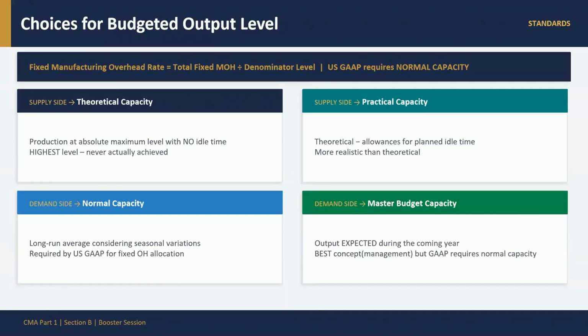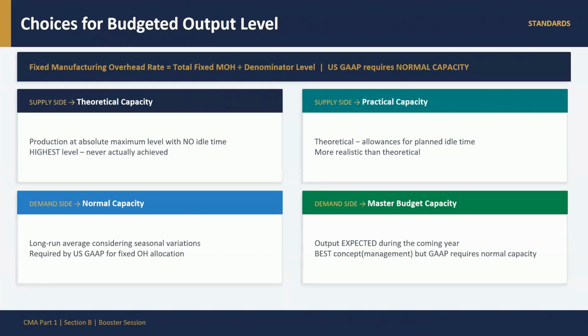Then comes normal capacity. Normal capacity is what US GAAP accepts. Okay. On a long run, that means for 3 or 5 years at a stretch, when you take the number of units produced and find out the average from that, how many units you can produce, that is what you take in normal capacity. Later, we have master budget capacity.